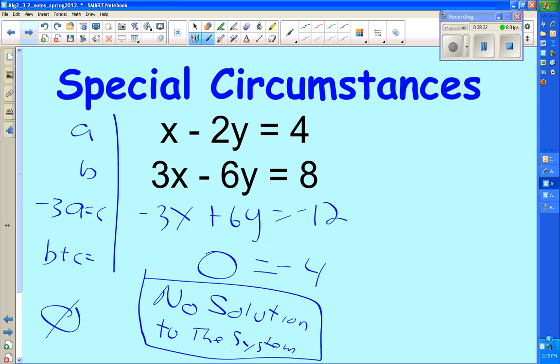What do you know about this system? And don't tell me there's no solution. I do know that. What is it? They're parallel, which means that you have an inconsistent situation. But the answer has to be no solution. You have parallel lines when you get something like this. There's no solution to the system. We don't want to really graph those. That's what would happen if you did.